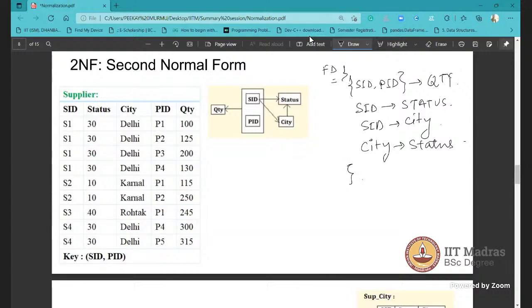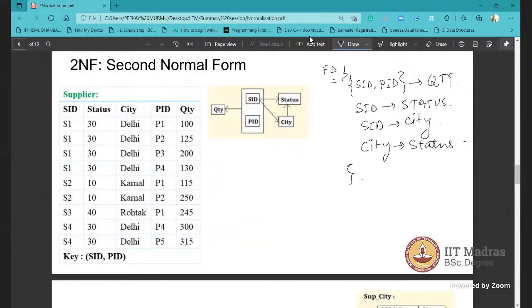So can anyone tell what the candidate key is in this particular set of functional dependencies? You are already aware of how to find the candidate key, right? Simply check which attributes are present on the right side.